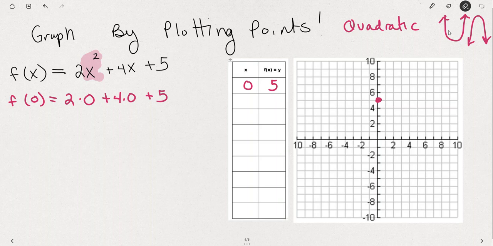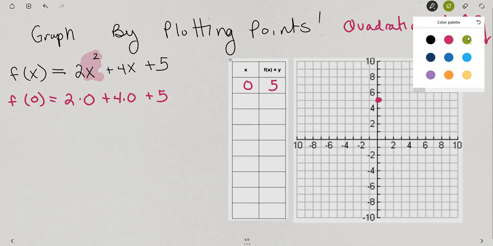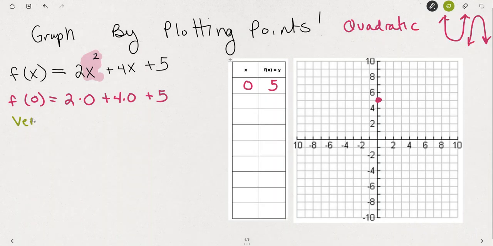But let me give you a little shortcut just in case you're feeling a little bit more confident and you say, I don't really want to fill a whole chart calculating so many points. This little shortcut has to do with finding the vertex.